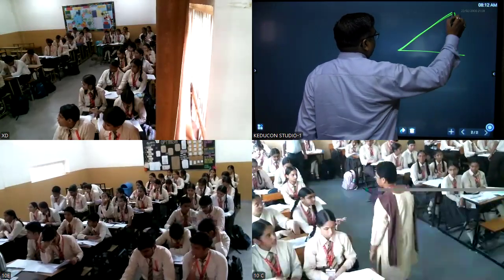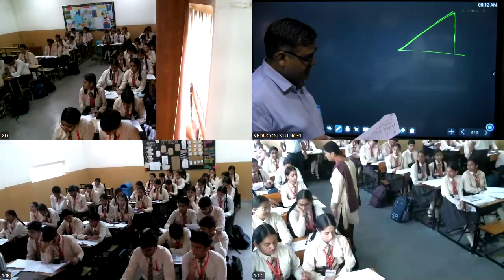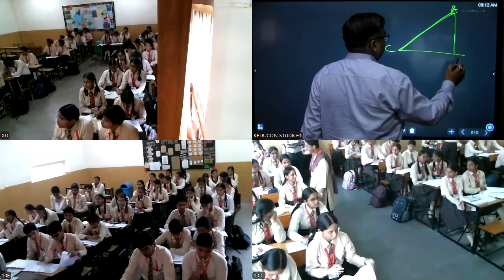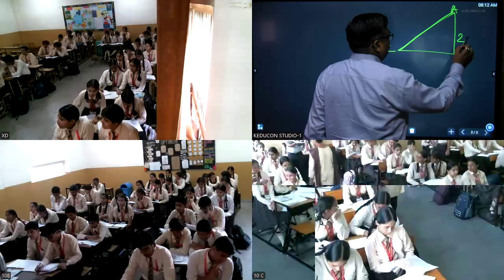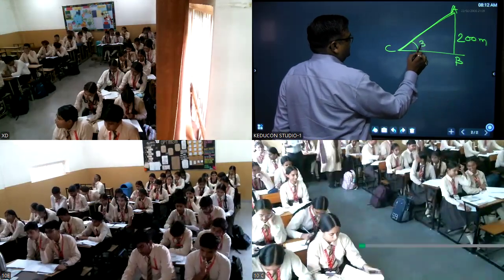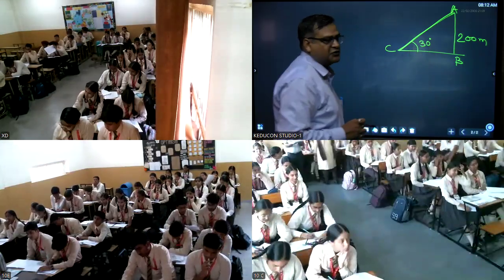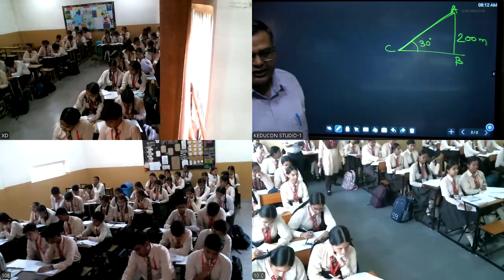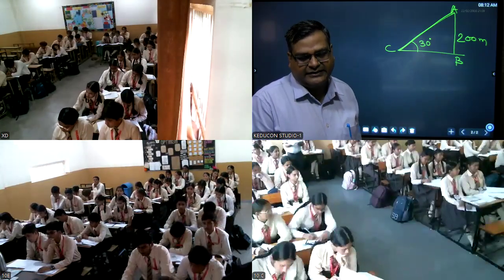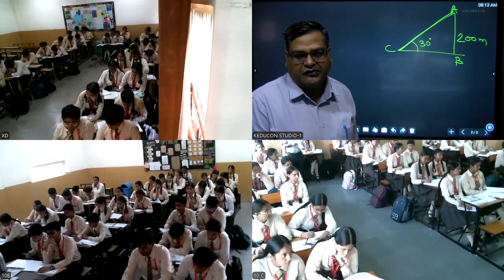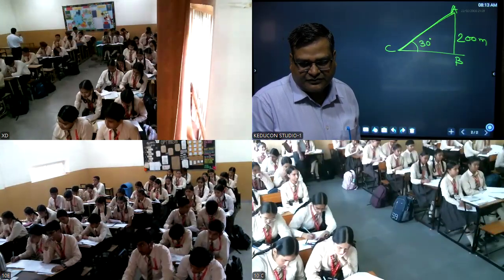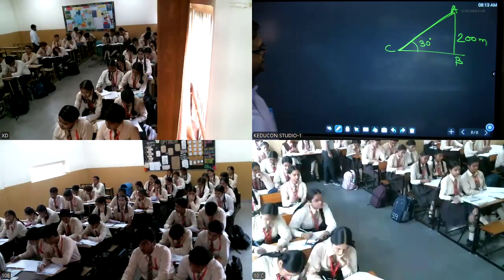This is the rope, that is AC, and it is given that the vertical height is 200 meter, and this theta we have got is 30 degree. So you have to find the hypotenuse. Perpendicular is given to you. Please apply sin theta and tell me what is the value of AC. AC is equal to 400 meters. 400 meter has come, children.